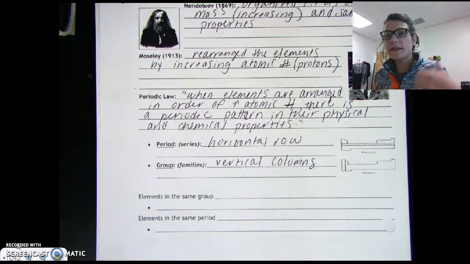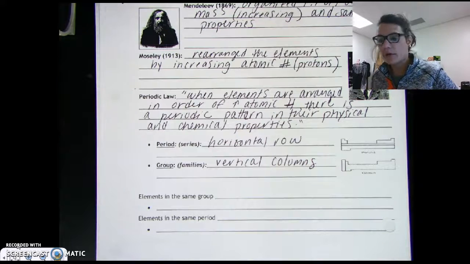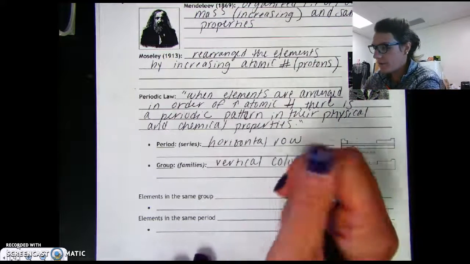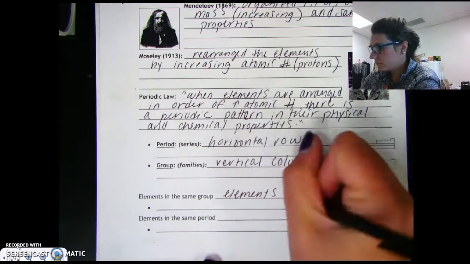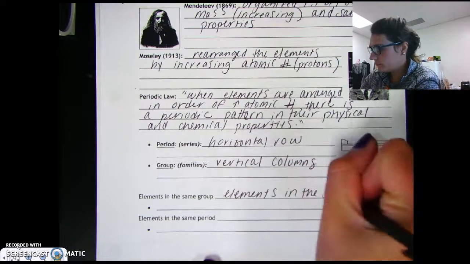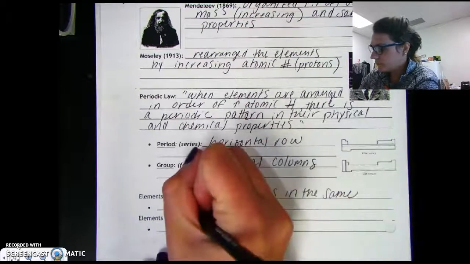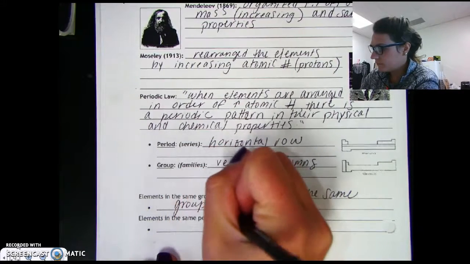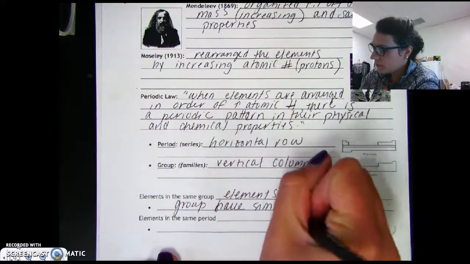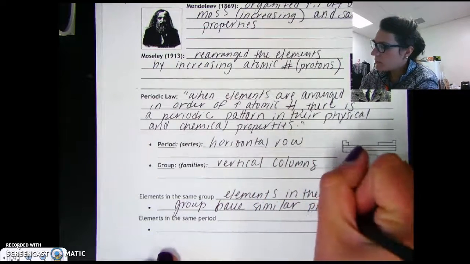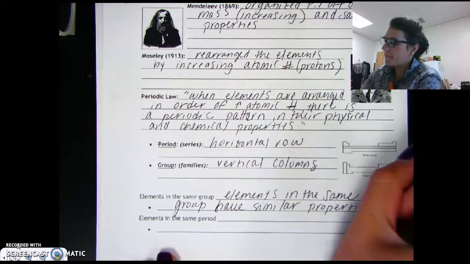So elements in the same group, so our columns, are going to have very similar properties. So let's make a note of that. And we'll talk a little bit more about these groups here soon, okay?